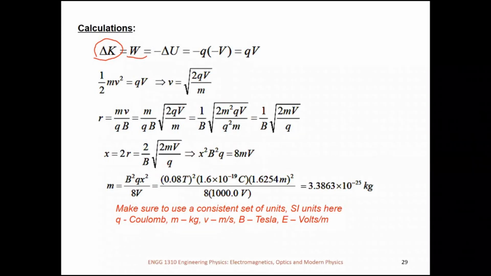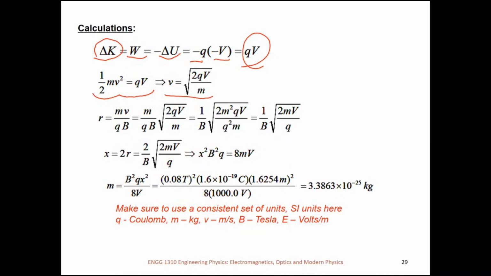That equals the change of the potential energy with the minus sign, so that would be minus q times minus V, which is directly qV. Then we can make the total kinetic energy mv squared over 2 equal to qV. So the velocity v is the square root of 2qV over m.